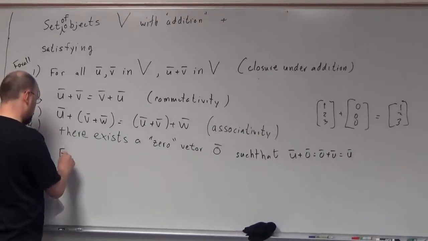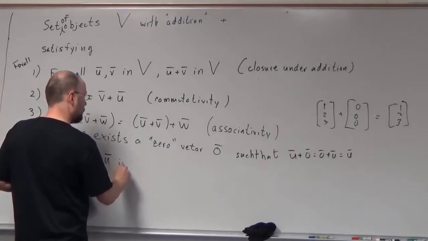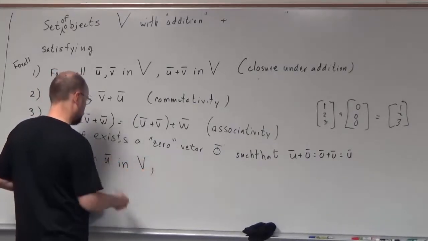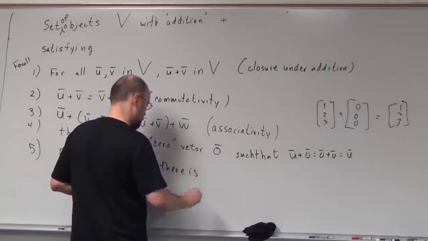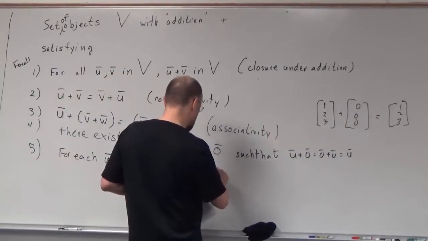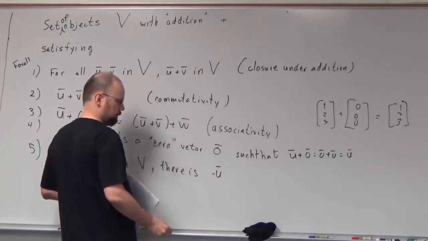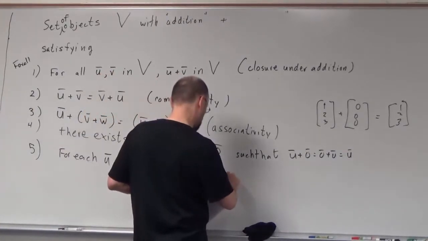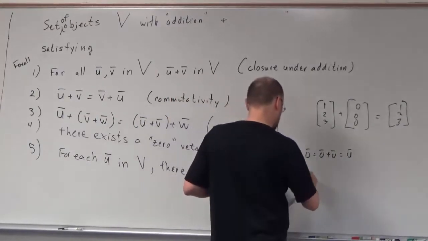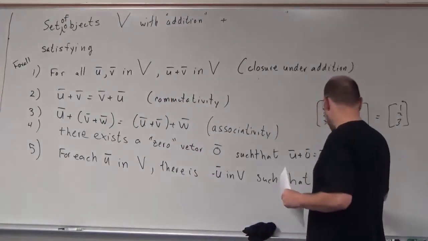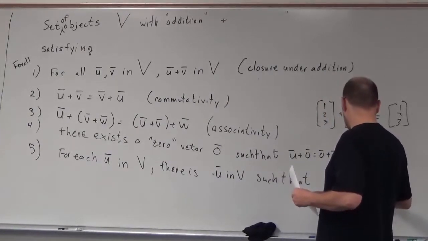For each element u in V, there exists the additive inverse, the negative of u. This just says that if you take the vector and add it to its negative, you should get the zero vector out.